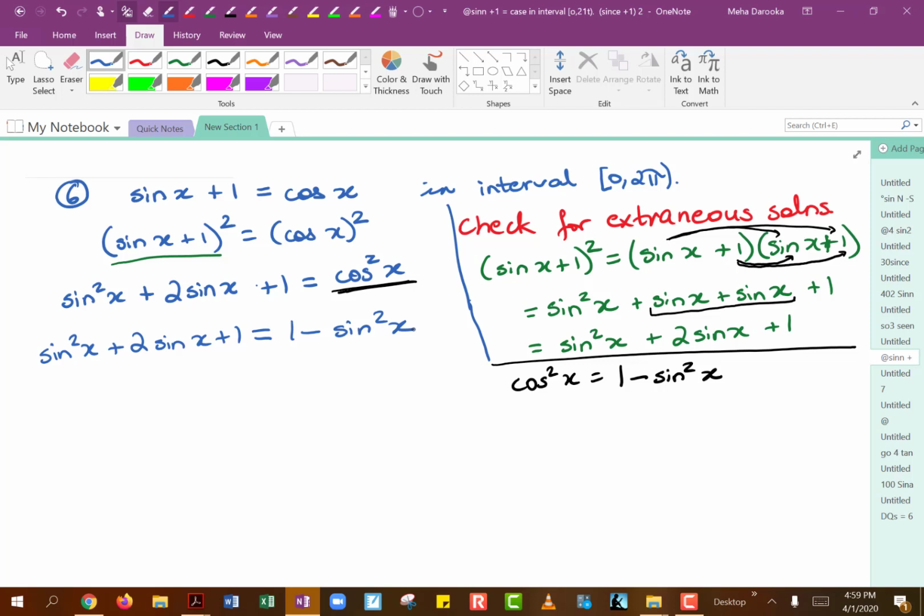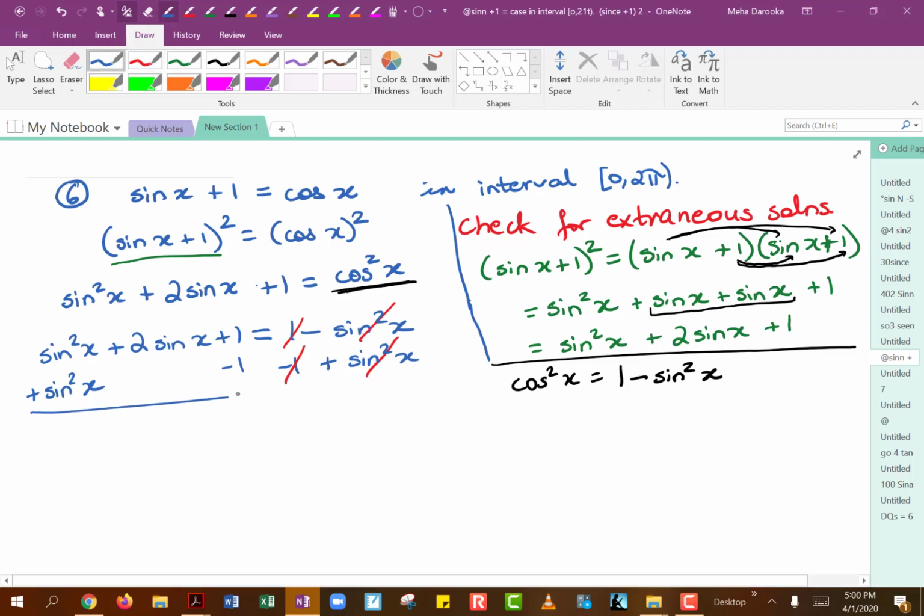And then of course now you want to move everything to the left hand side. So I'm going to subtract my 1, and then I'm going to add my sine squared of x. So I'm basically moving everything from the right hand side to the left hand side.